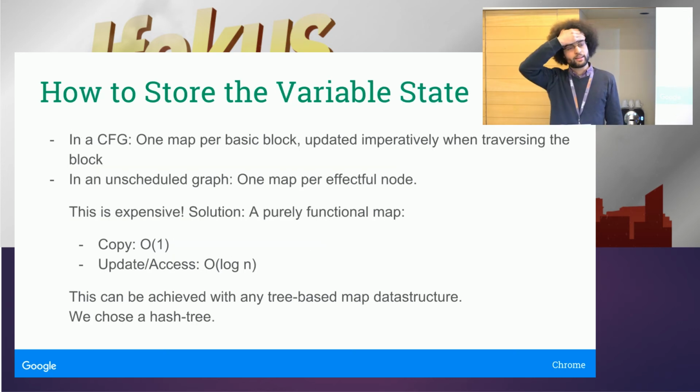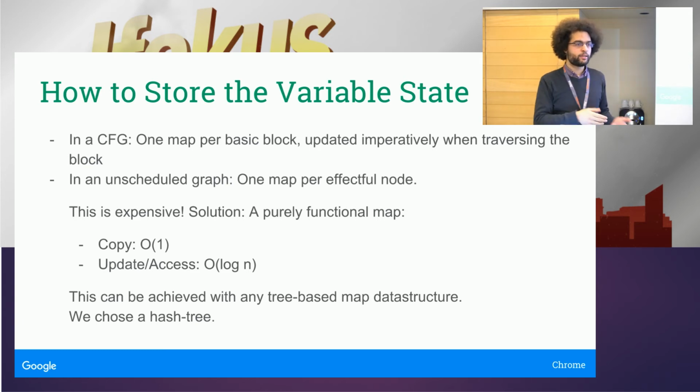Which is the other point. Like I showed you this list of variables on the right. And implementing that efficiently is not too easy if you have to copy it for every effectful node in the graph. So there are two options. What we tried before is not copying this state too often.